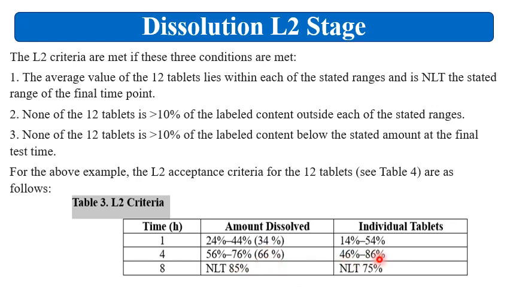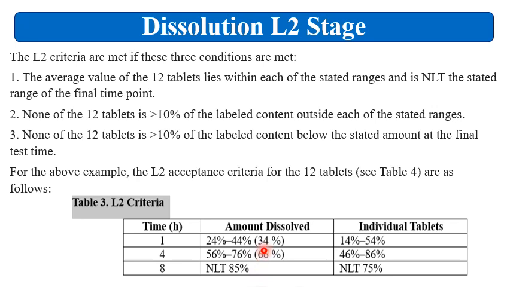Here 46 to 86. So here 10% minus, here 10% plus. 24 minus 10%, it is 14%. 44 plus 10%, it is 54%. So from the individual value mean or average, it is shifted 20% at higher side and 20% at lower side.